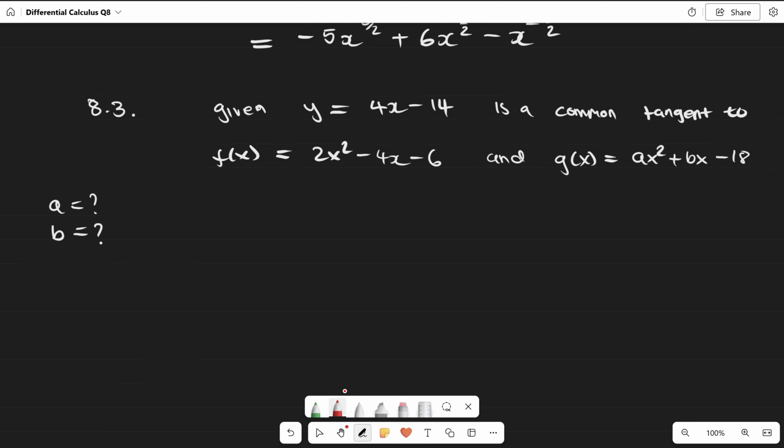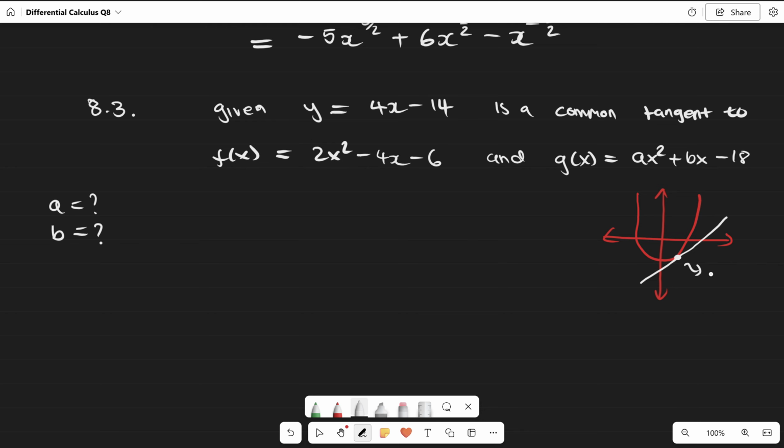Let me draw a function here. If we had something like this, and we had another function moving like this, just touching at one point, right? It's touching at one point.